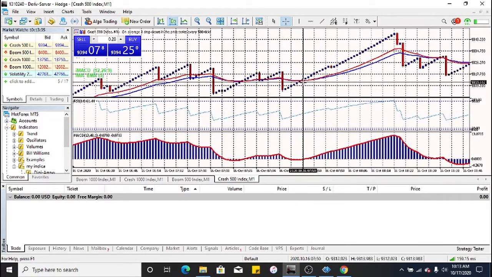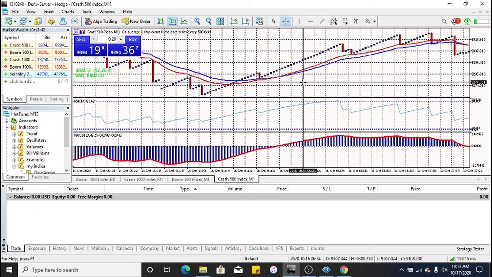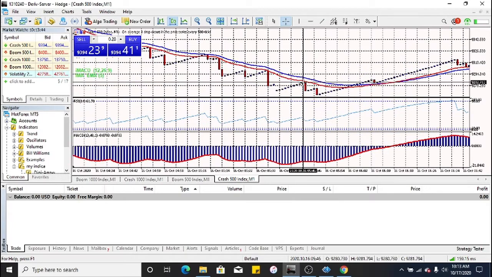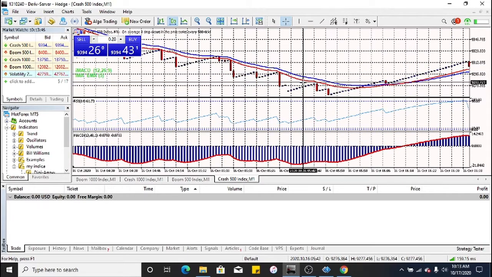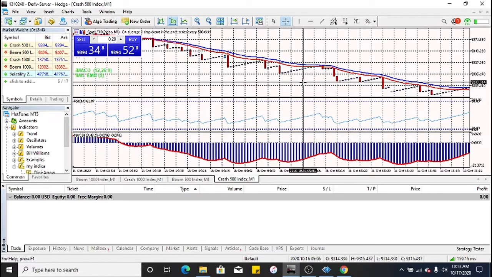Just 2 of the trades that do happen can cover the losses of the ones that didn't. So basically that is that.